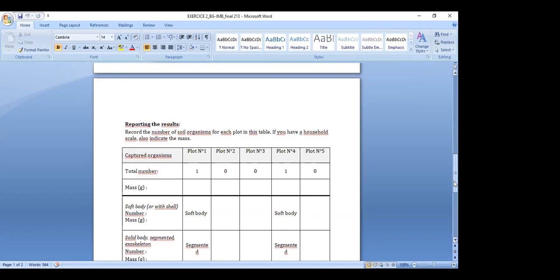Check on each of the plots and see if you can see any soft body animals, like snails and earthworms. If you can see them, mention it. Maybe it is 1, maybe it is 2, you can count it. Also check if you can see hard body animals like millipedes, centipedes, and ants that have 3 segmented bodies. Check what you can see there and number them.